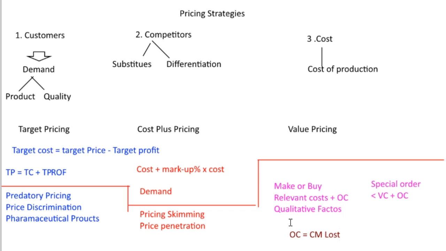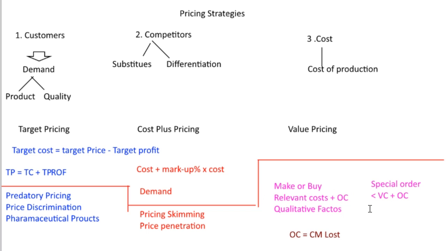And for make or buy, it's like the quality of the product. If you buy the product, is it the same quality as when you make it yourself? And effects of laying off the workers, who would have otherwise made the product, right? It can have a bad effect on your employee morale. Okay.